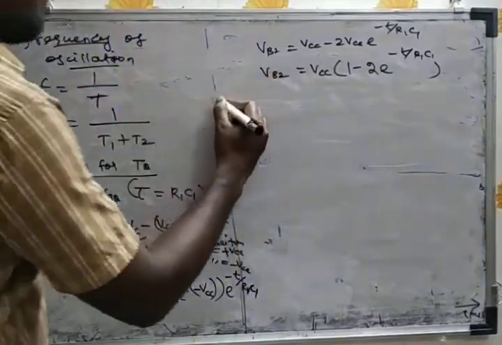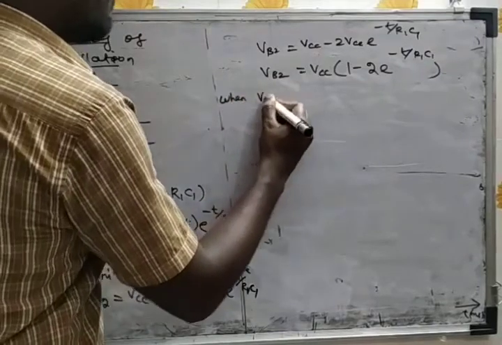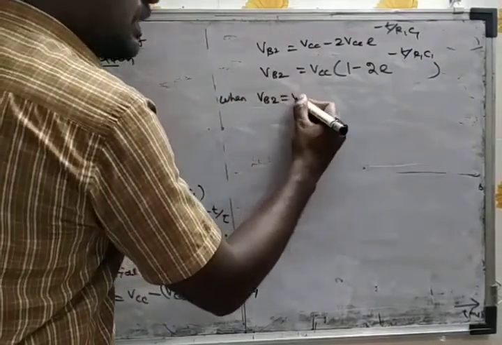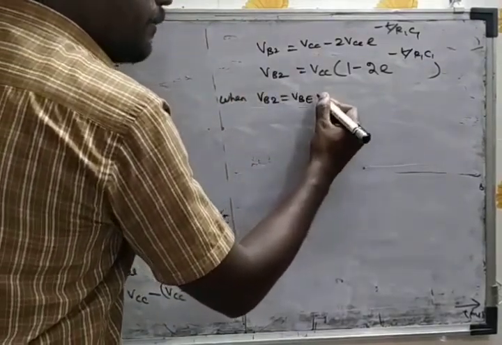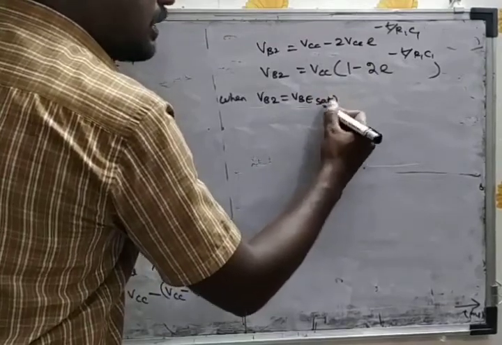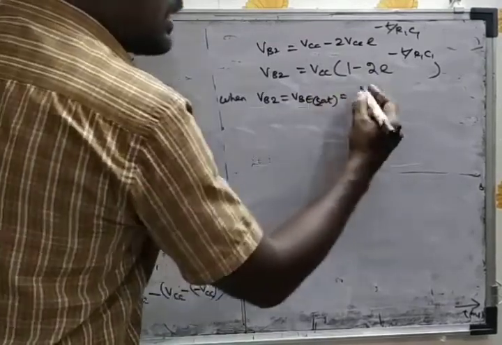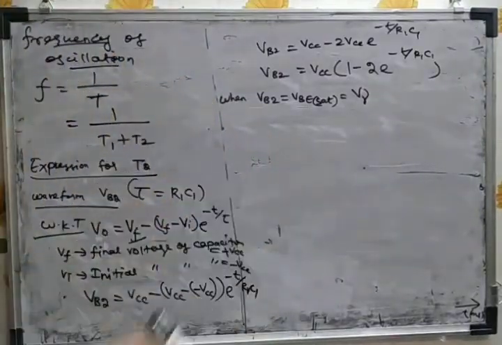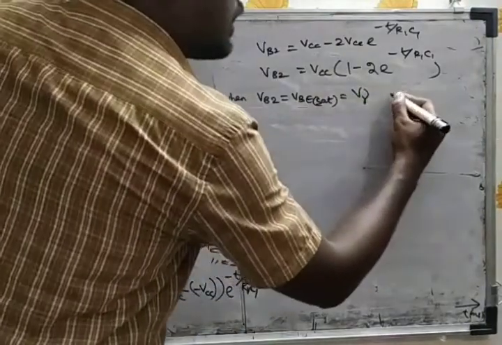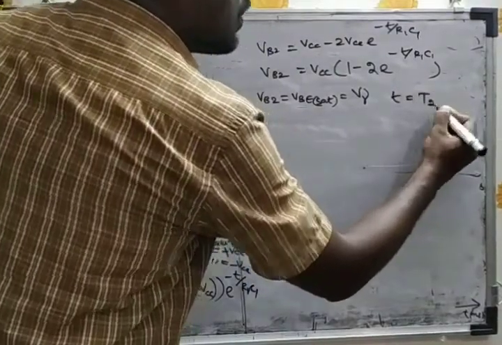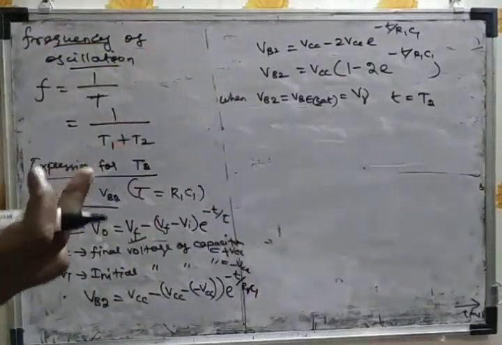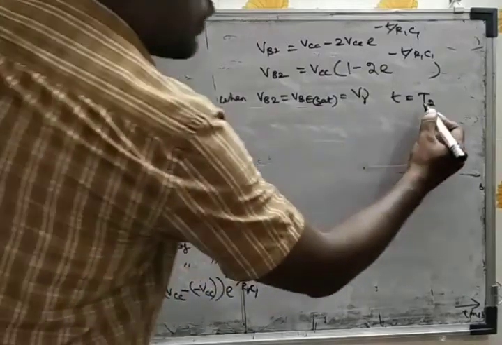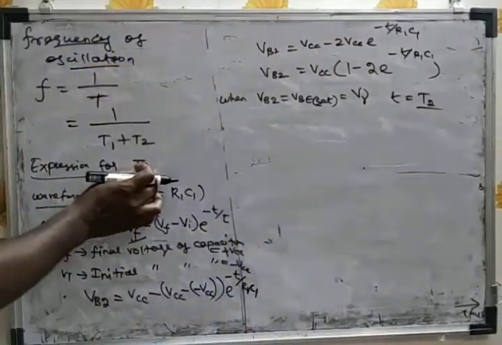So when VB2 reaches VB saturation, I am taking this VB saturation as V comma, we have marked the time period as T2. So without the half time period T2, we are calculating the expression for T2 only.